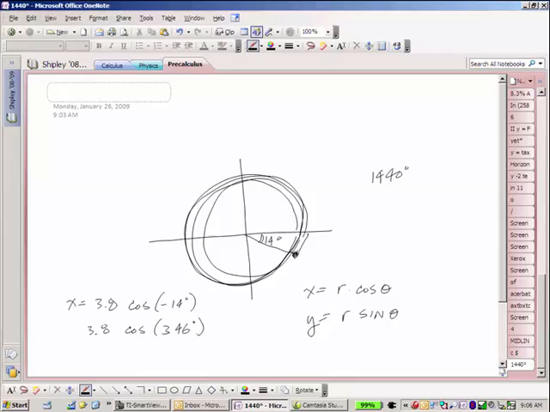Can you see how 346 degrees forward or going counterclockwise is the same as 14 degrees backward or clockwise?